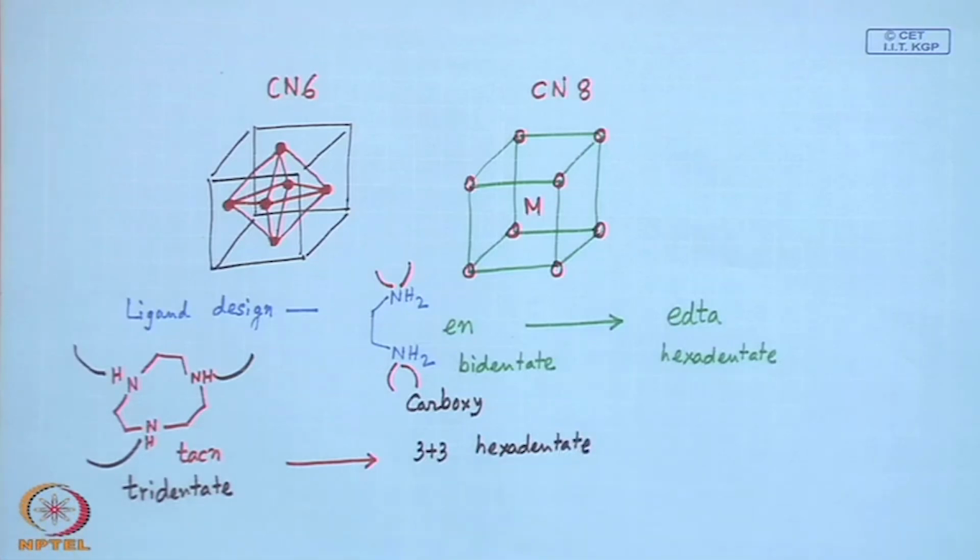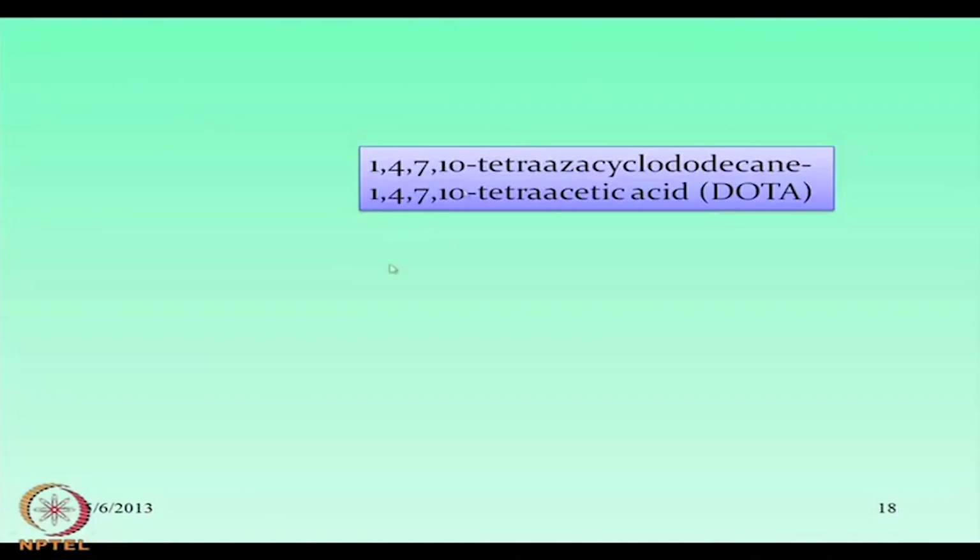Similarly, we can go from a macrocyclic ligand which is tetradentate, 1, 4, 7, 10-tetraazacyclododecane. This tetraazacyclododecane is a tetradentate ligand bearing nitrogens in the macrocycle at positions 1, 4, 7 and 10.